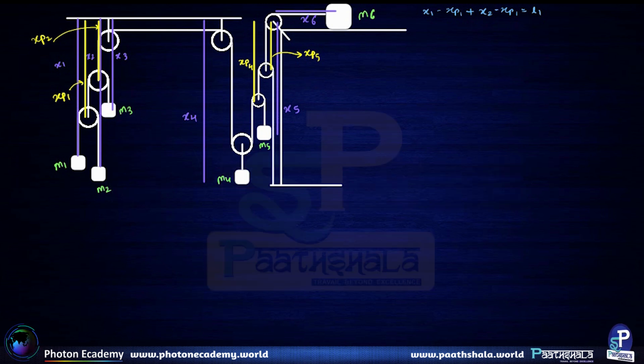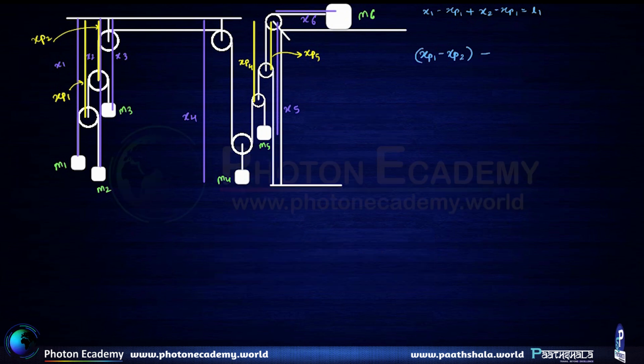So the second equation that I need to write down is xp1 minus xp2 plus x3 minus xp2. So this is length of string 2.